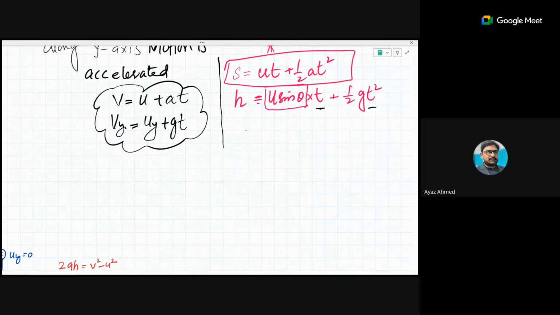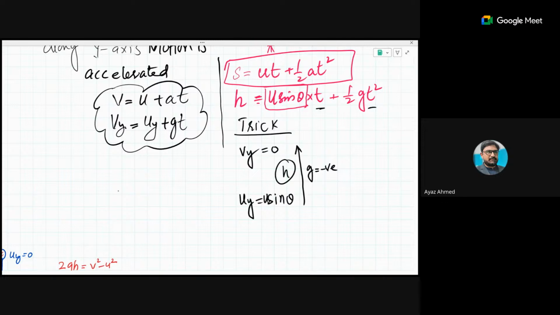So what is the trick or sensible technique to handle that? The initial velocity uy is equal to u sine theta, and vy is equal to 0. Whenever you use that equation, acceleration takes a negative sign. So simply speaking, go ahead and use that.